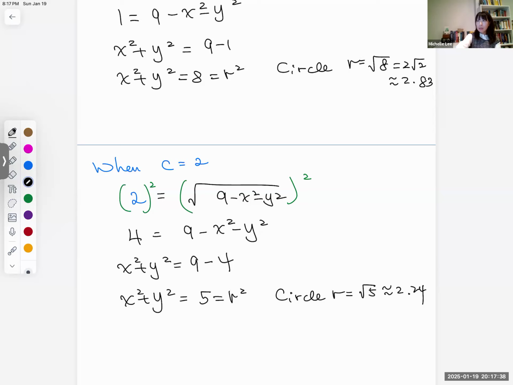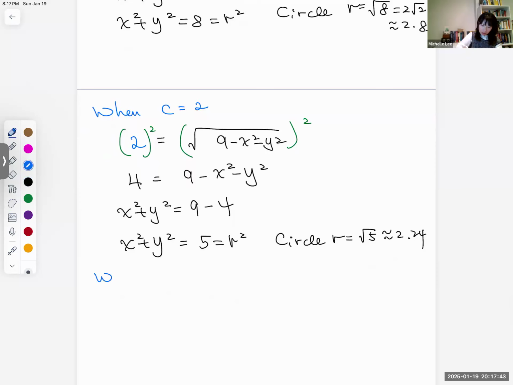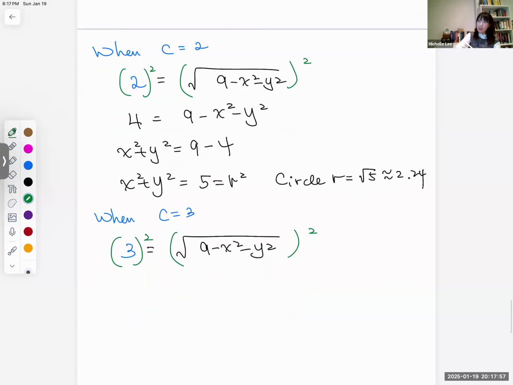So last one, right? When c equal to 3, 3 equal to square root of 9 minus x squared minus y squared. Square them. So we have 9 equal to 9 minus x squared minus y squared.